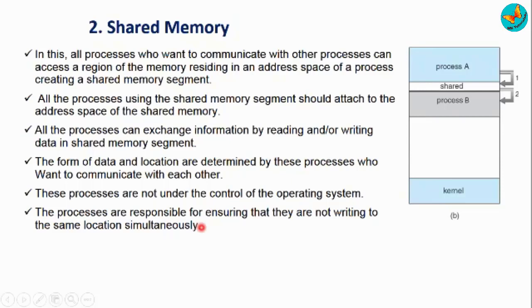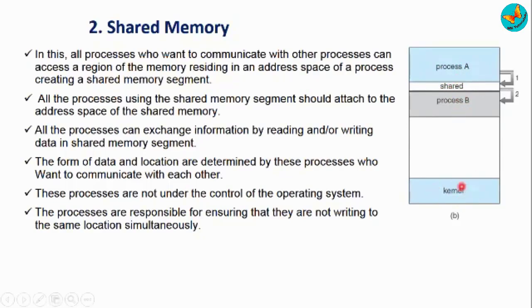Whatever process A has written will be overwritten, isn't it? So that is why both these processes need to communicate with each other prior to sharing their data. So here the kernel is not responsible for the communication. Who is responsible? Both the processes involved in the communication are responsible.